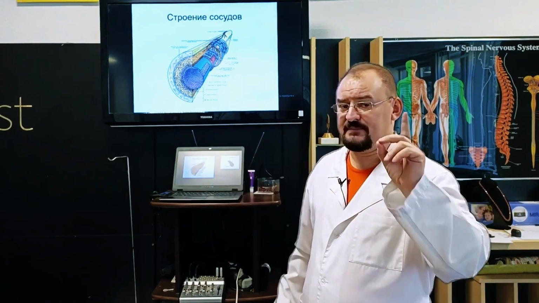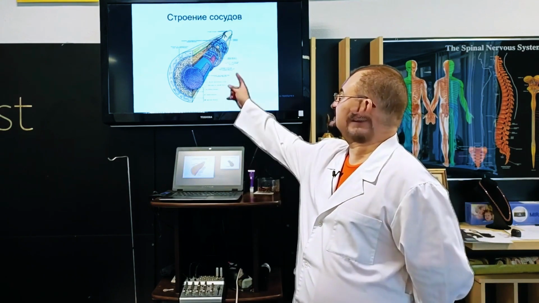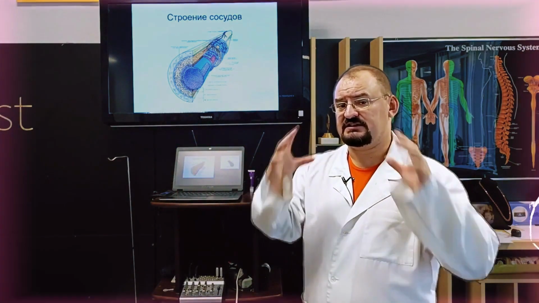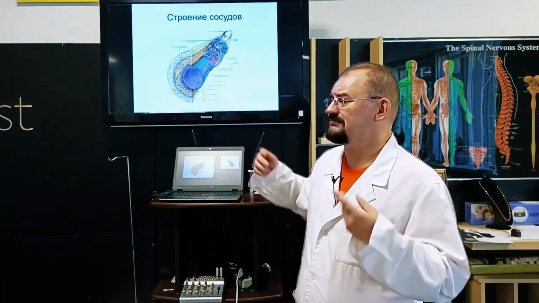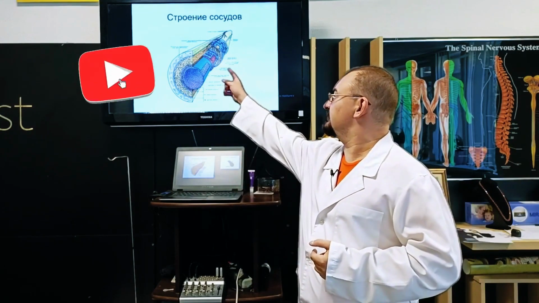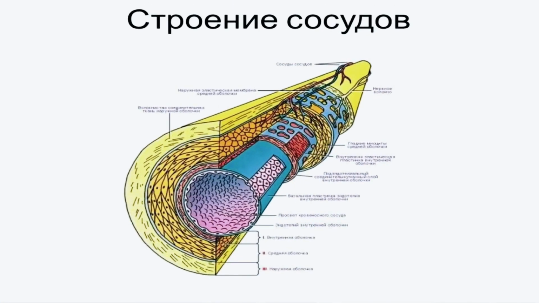But pressure is determined not only by this. The thing is, our blood vessels are not just like pipes, like radiators, like solid metal tubes. They actually resemble rubber tubes more. In the wall of our blood vessels, there is an inner wall, the endothelial layer, which is extremely smooth.